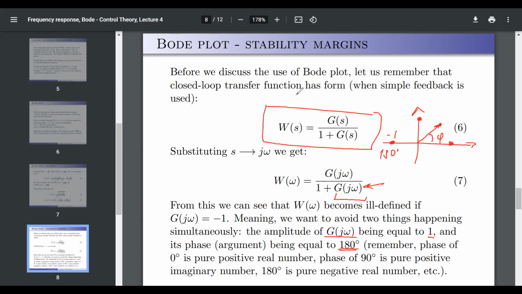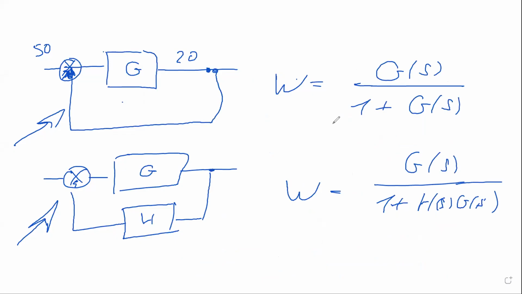All right, let's go to the whiteboard one more time. G of j omega is a complex number. It has two components, alpha and j beta. That's the whole thing: it's just a scalar, a complex number.